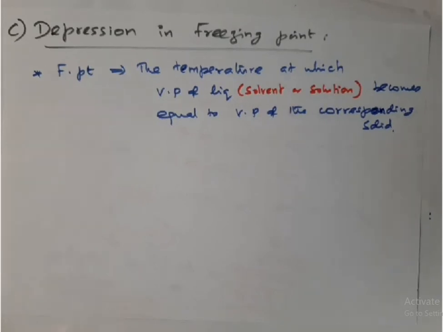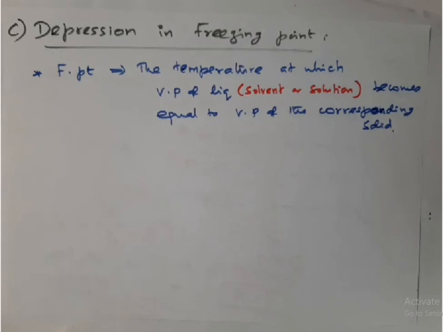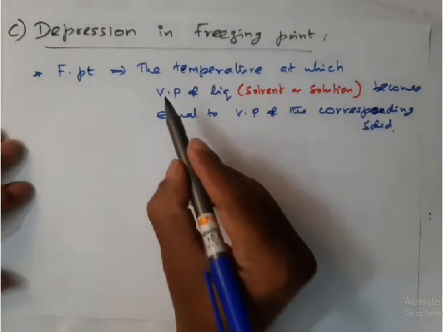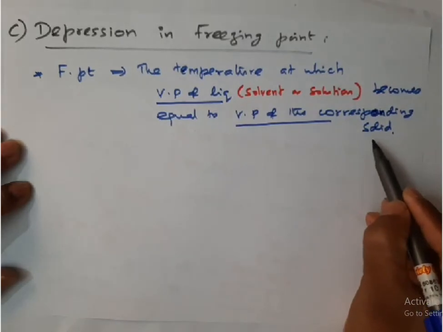If the vapor pressure of the solid and the vapor pressure of the liquid become equal, then the temperature at which these two become equal is called the freezing point.